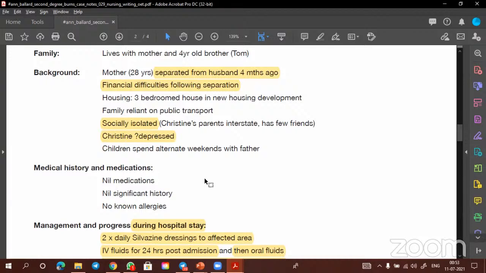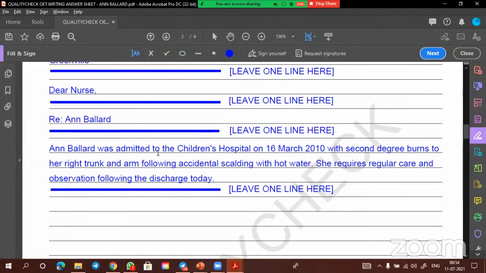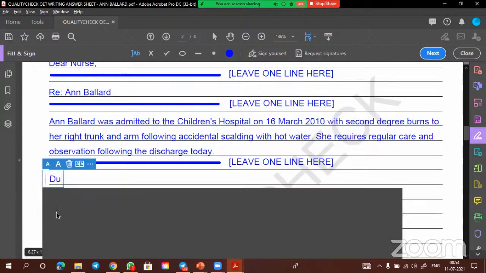So during hospitalization, the first one we have written regarding admission. So here you can say during hospitalization, during her stay at the hospital.